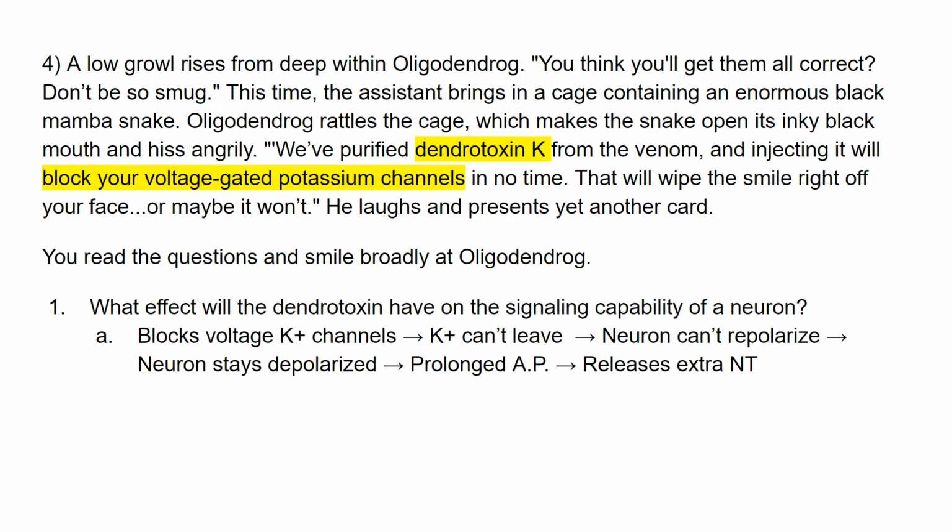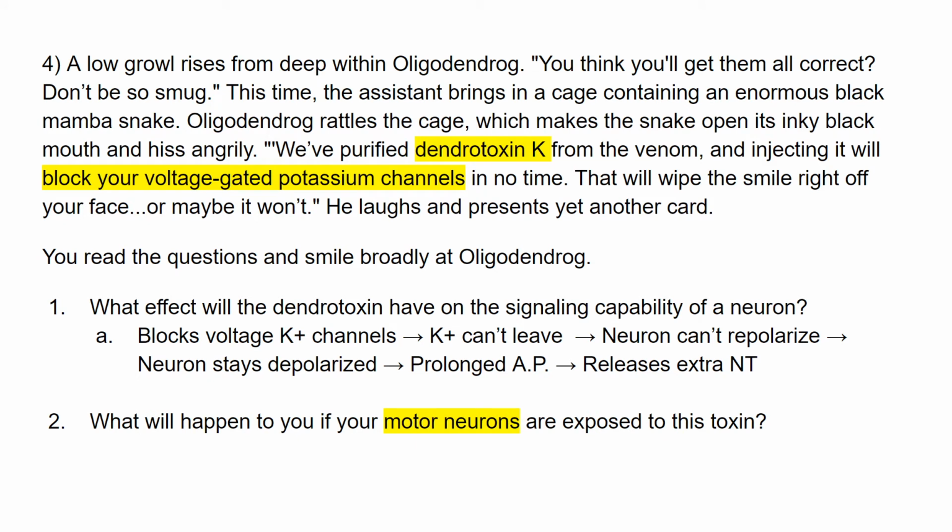If we're blocking them, that means that the potassium can't leave. If the potassium can't leave, then the neuron is not able to repolarize, and the neuron is basically going to stay stuck in that depolarized state. And kind of like the last time, it's going to keep sending action potentials and releasing extra neurotransmitters even when we don't want it to.